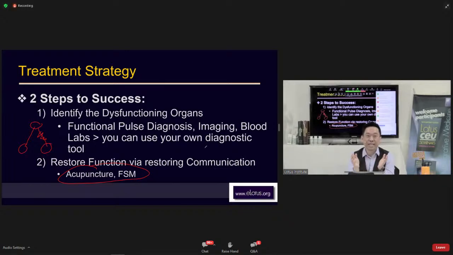Over the 15 years, I've tried so many different things, and acupuncture and FSM are the only things that can reestablish communication between the central nervous system, the peripheral nerves, and every single organ in your body. So when an organ dysfunctions, say your liver dysfunctions, it's because there is a lack of communication. So if you also imagine physically, let's say you have this nerve.